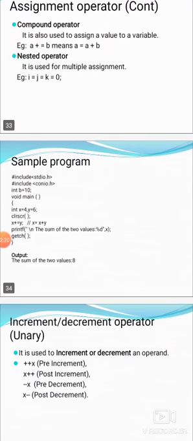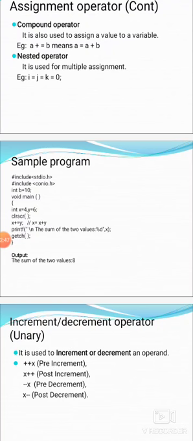Sample program is given here. Header file. Then we are declaring b is equal to 10, which means this is a global declaration. Then inside the void main program, x is equal to 4 and y is equal to 6. x plus is equal to y is given, which is a compound operator.